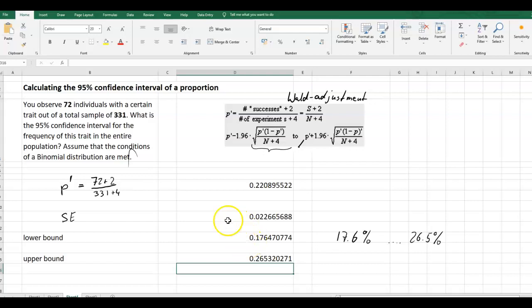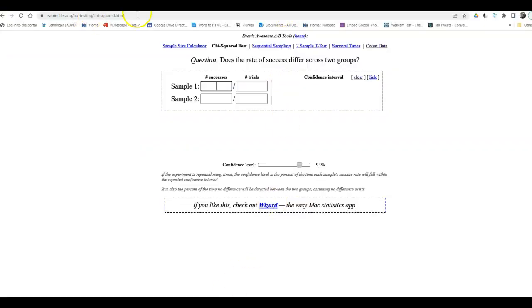Now, of course, it's a little bit painful to do all these calculations, so there is a really nice online calculator. And here is the link to the online calculator. We need to make sure that we are in the correct format, which is here under chi-squared test, because at the end of the day, this indeed is a chi-square test, or a modification of the chi-square test, and all we need to put in is the number of individuals that we had here, so that was 72.